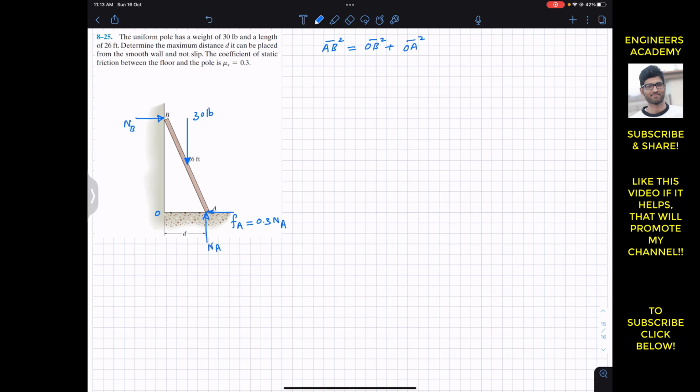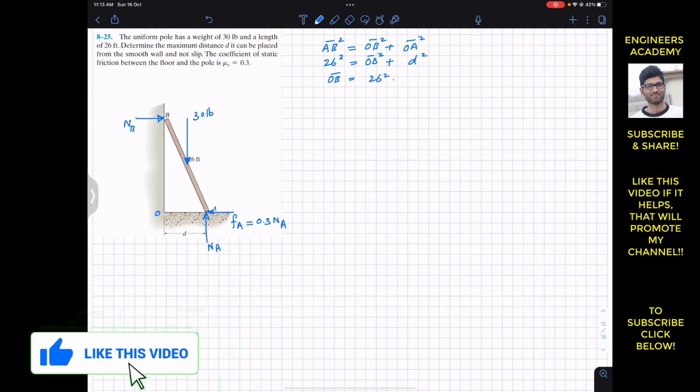We are interested to find OB square. AB square is 26 square, OB is not known, OA is D square. So now we can say that OB length is 26 square minus D square under the square root.